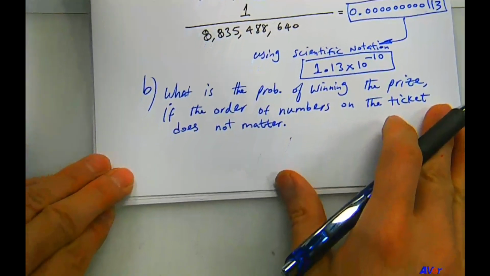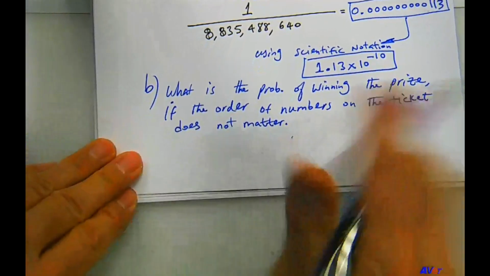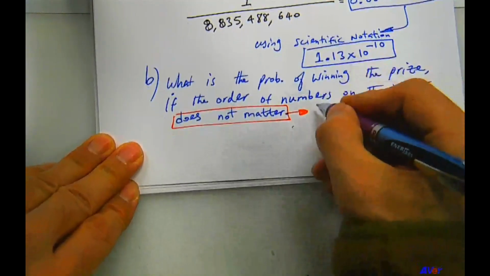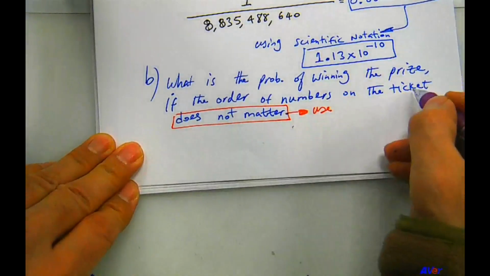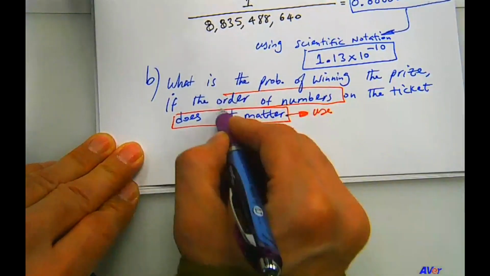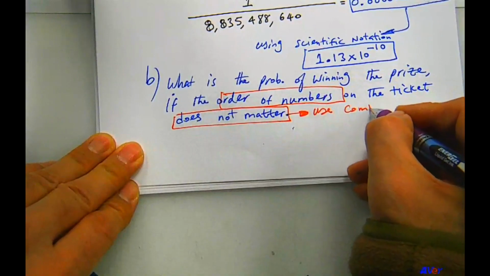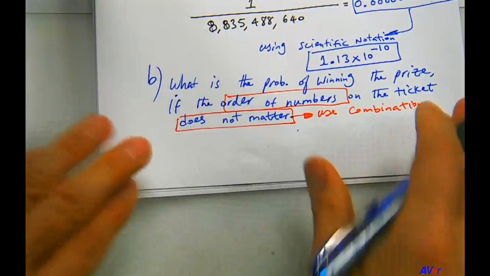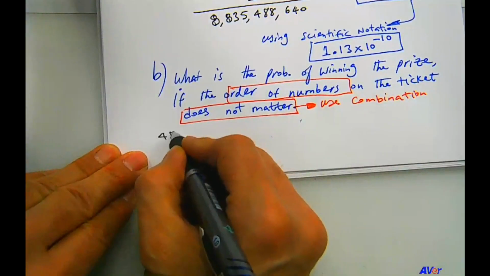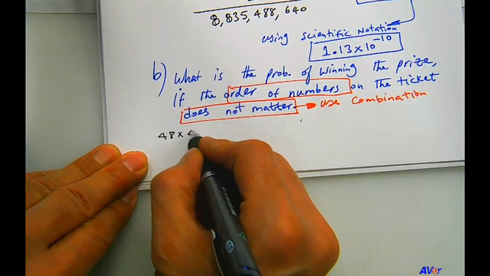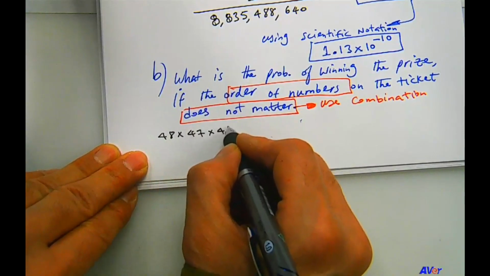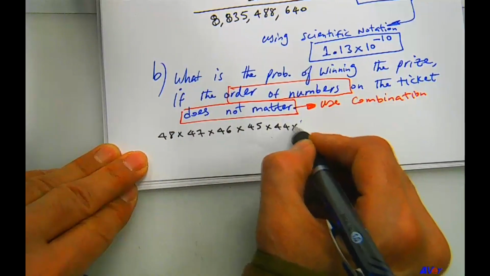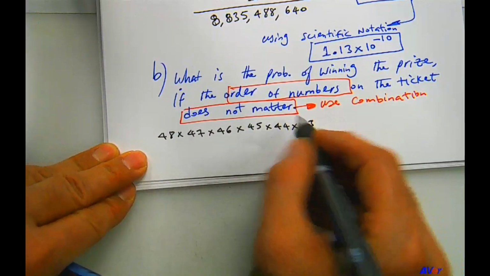Hopefully I can fit all the rest of the solution here at the bottom. So use combination, and this would be 48 just like before, 47, 46, 45, 44 times 43.